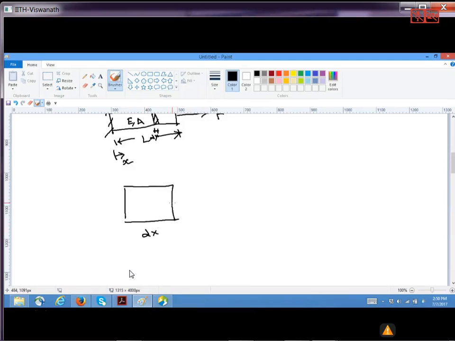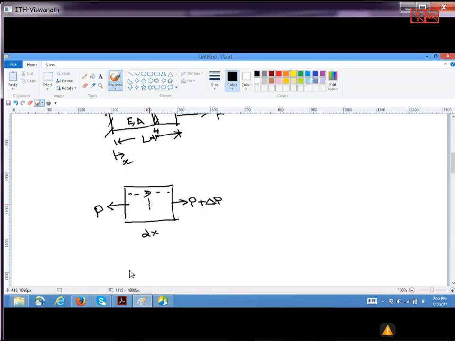Since I'm doing a free body diagram at this place, let me have the force on this side as P plus delta P, and on this side the force is P, and let me say there are some body forces acting inside of magnitude small p.